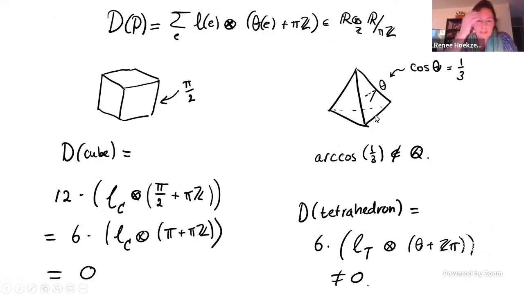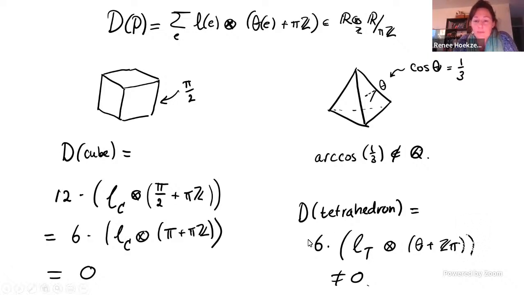So for example, if we take a cube, then all the dihedral angles are pi over 2, so the Dehn invariant is 0. Whereas if I take the regular tetrahedron, then the dihedral angle is the arc cosine of a third, which you can show is not a rational multiple of pi.